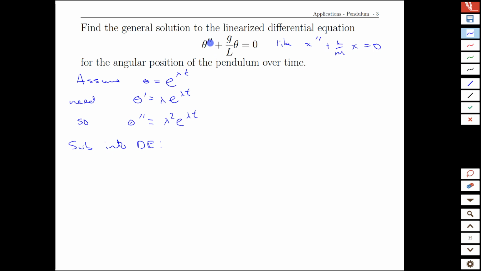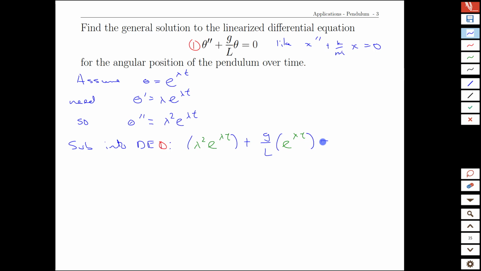When we do that, we have theta double prime, so let's be clear here, we're subbing into this equation here. We get lambda squared, e to the lambda t, plus g over L times theta, which is e to the lambda t.